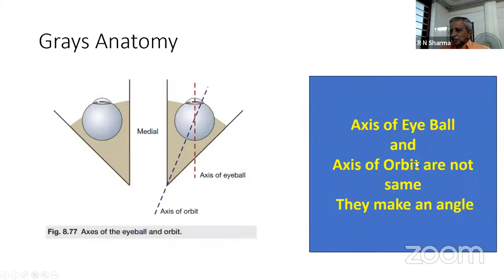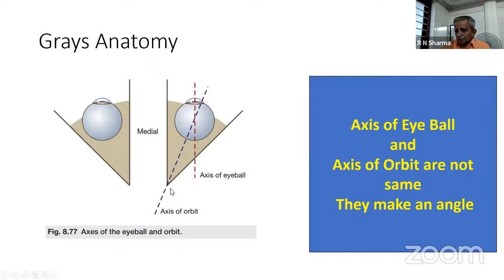Now, the axis of the globe and the axis of the orbit are not the same. They make an angle. What is meant by the axis of the globe? It is the anterior-posterior axis or the visual axis. If you put a straight line from the macula along the center of the cornea, that forms the axis of the eyeball.